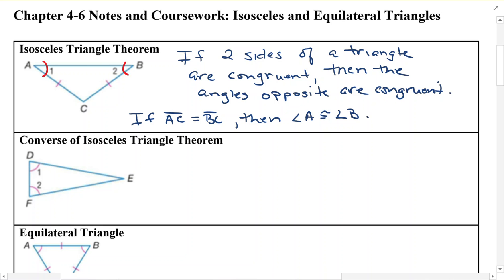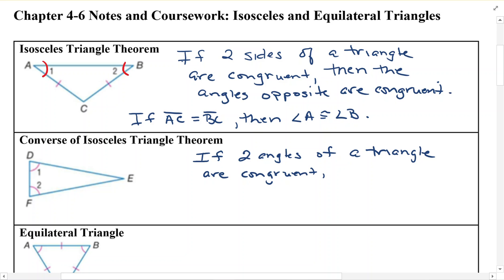The converse, and we studied the converse in chapter 2, means you flip the theorem. So the converse would state that if the two angles of a triangle are congruent, then the sides opposite are congruent.